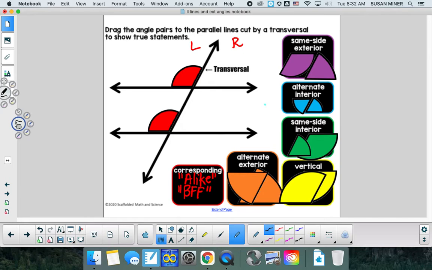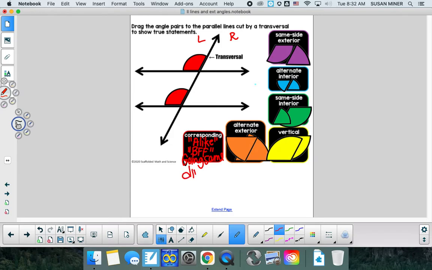Okay, so corresponding angles are alike. They're the best friends. They're going in the same direction. Oh, I better change back to red so we can see this. Going the same direction. And they are also the same measurement.